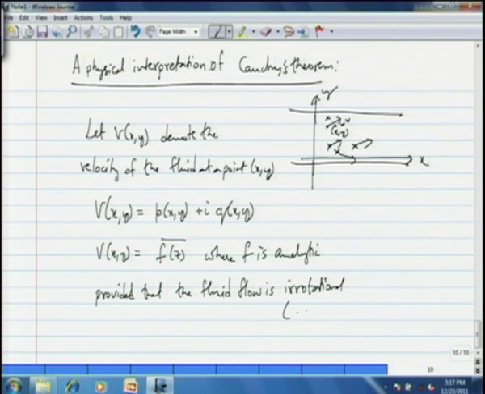that is to say that the curl of the velocity field is 0, and does not have sources or sinks. The fluid flow not having sources or sinks says that the divergence of v is 0.